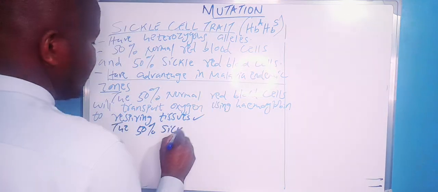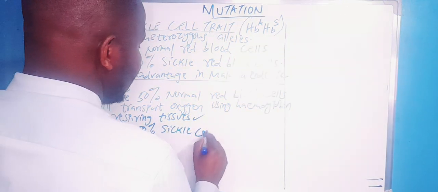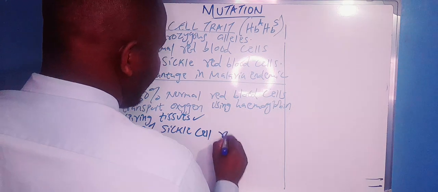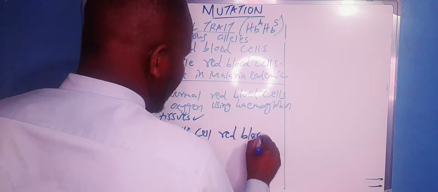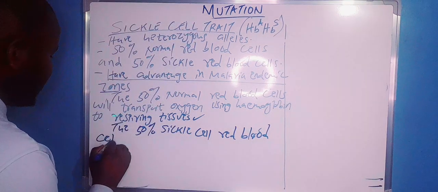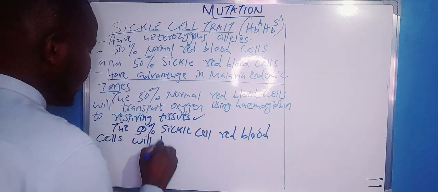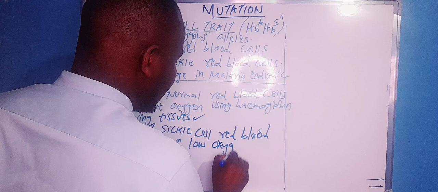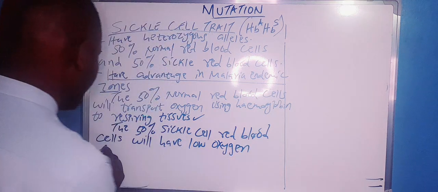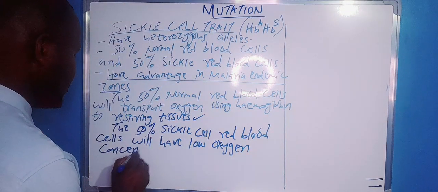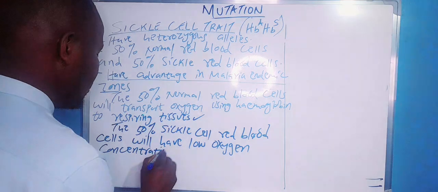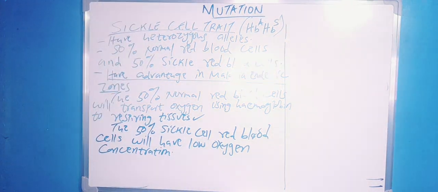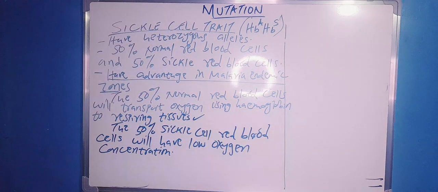Then the other 50% sickle cell red blood cells will have low oxygen concentration. You're getting that. And because of the low oxygen concentration, what will be the effect?